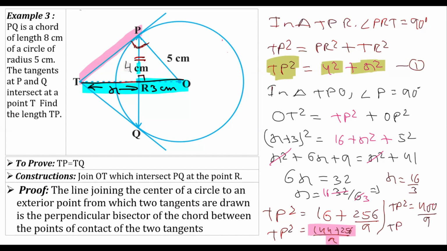And then on finding the square root, as you know, on transposing this square to the other side, it will be square root of 400, which is 20, and square root of 9, which is 3. Well, we got the value of TP, that is 20 over 3. Yeah, don't forget to write down the unit. It is centimeter. So this is the final part. We had to get the length of TP, and we got this as 20 over 3 centimeters.